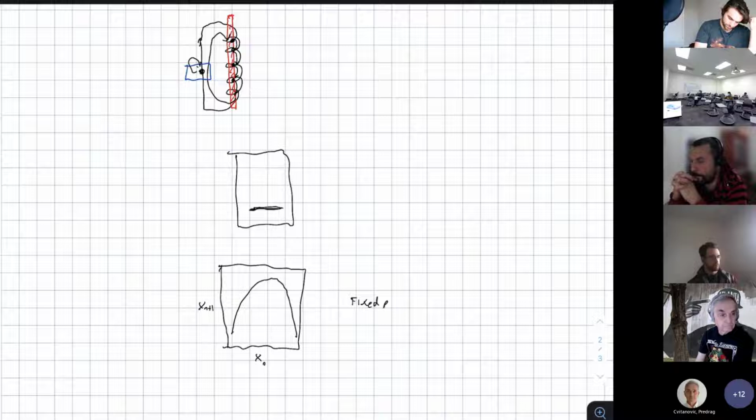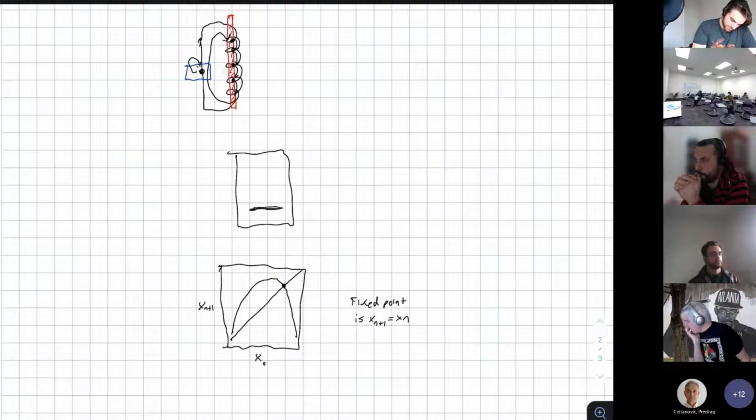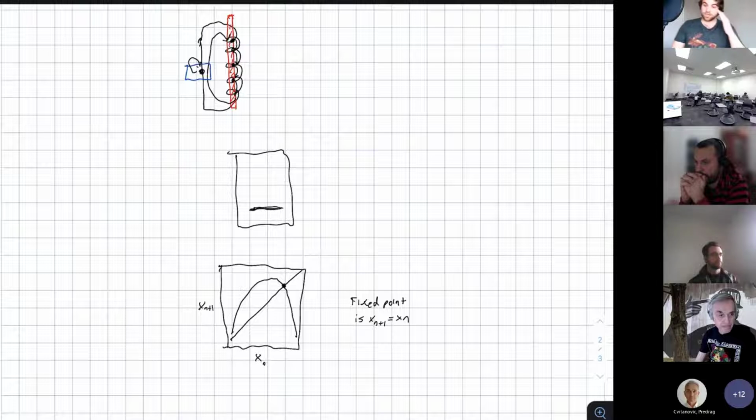A fixed point is x_{n+1} equals x_n. And so what does that correspond to on our graph? Well, that would correspond to this line right here. And there, the intersection of these two curves is going to be a fixed point for our Poincare map. So great, so we found some fixed points, and that corresponds to some periodic orbit.